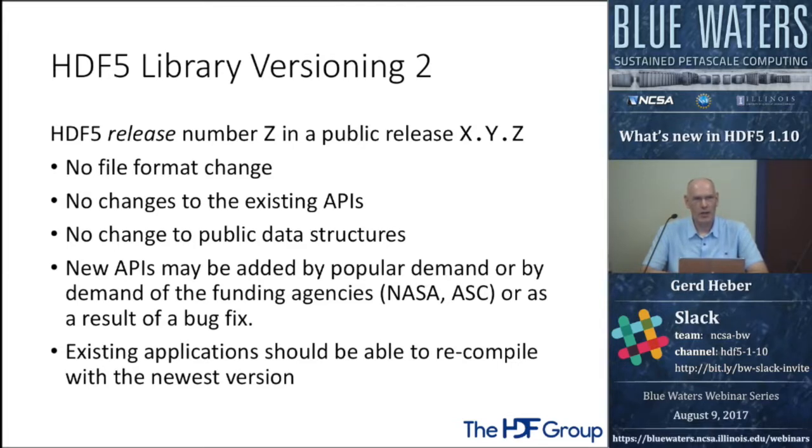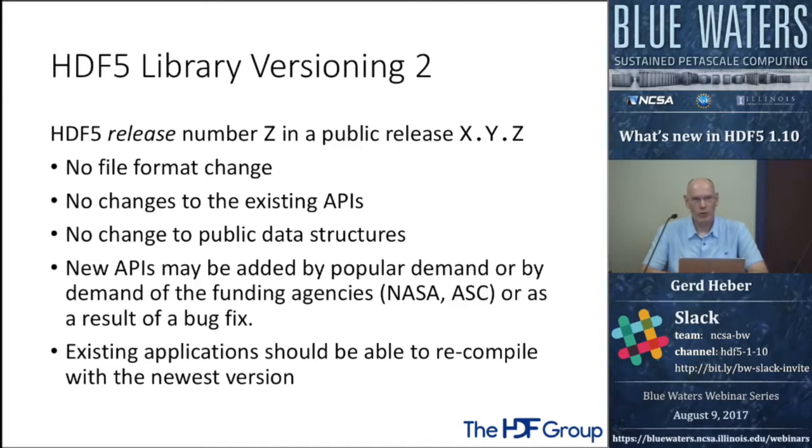If that number changes, there are certain things that we guarantee you that do not happen. Number one is there are no changes to the file format. So within a Y constant family of releases, the Z might change, but at the file format level, there are no changes whatsoever.